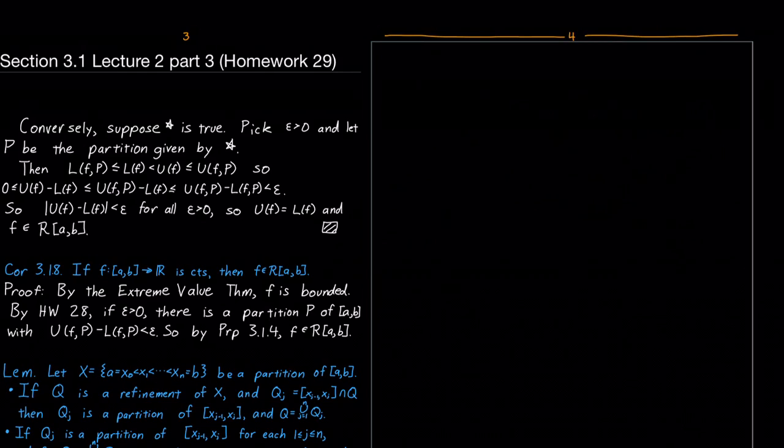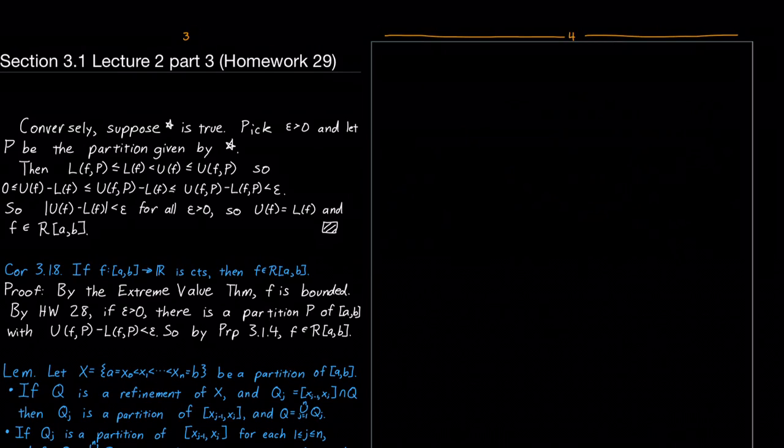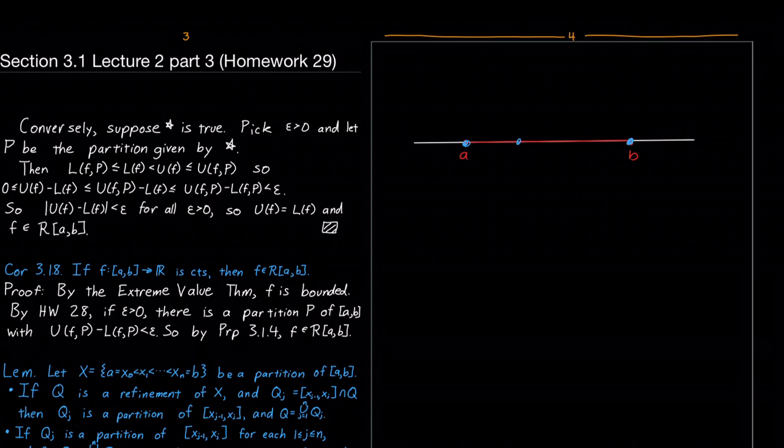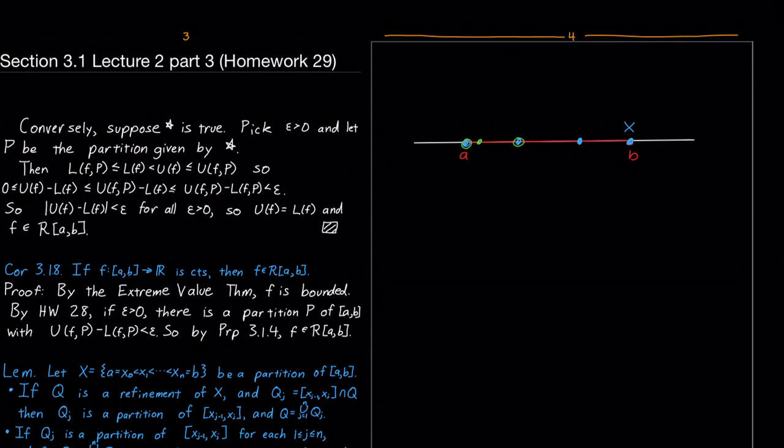What am I trying to get at here? Here's my number line. Here's my interval from A to B. Then here's my partition X. I get the points A and B. I also get a couple of points inside somewhere. And then here is Q1, Q2, where I would have to repeat that point.